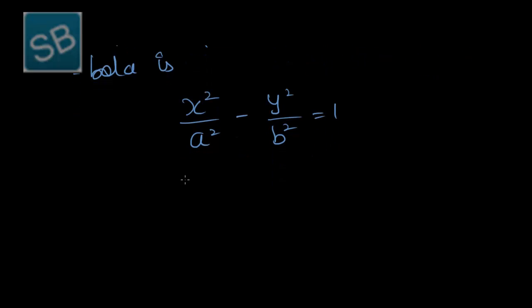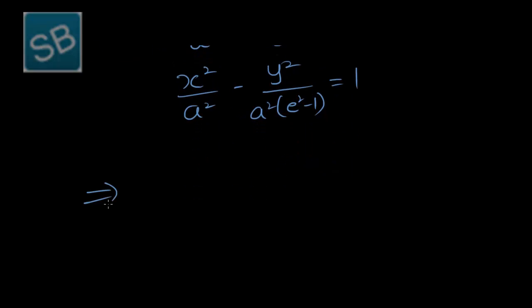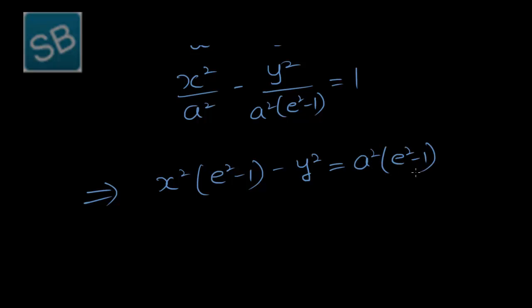That means it gives x square over a square minus y square over a square into e square minus 1 is equal to 1, by substituting the value of b square. So on simplification we get x square into e square minus 1 minus y square is equal to a square into e square minus 1.